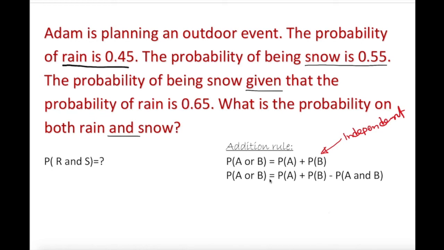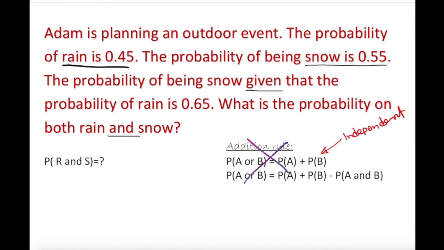If two events are not independent, meaning dependent, not mutually exclusive, not disjoint, they are joint, we add their probabilities and subtract whatever the common part is. Clearly this is A or B, but we are not looking for A or B, so this one is out of our thinking.